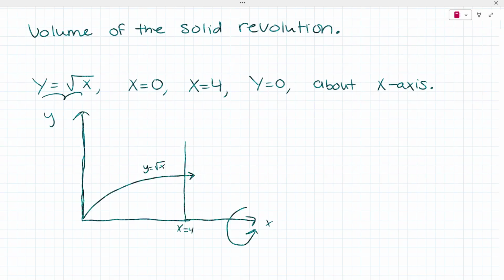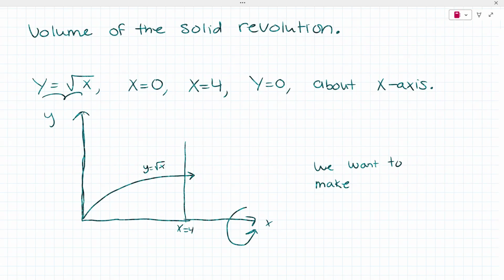Since we want to make our slice parallel, when you're doing the shell method, you always want to make your slice parallel to the axis of revolution.